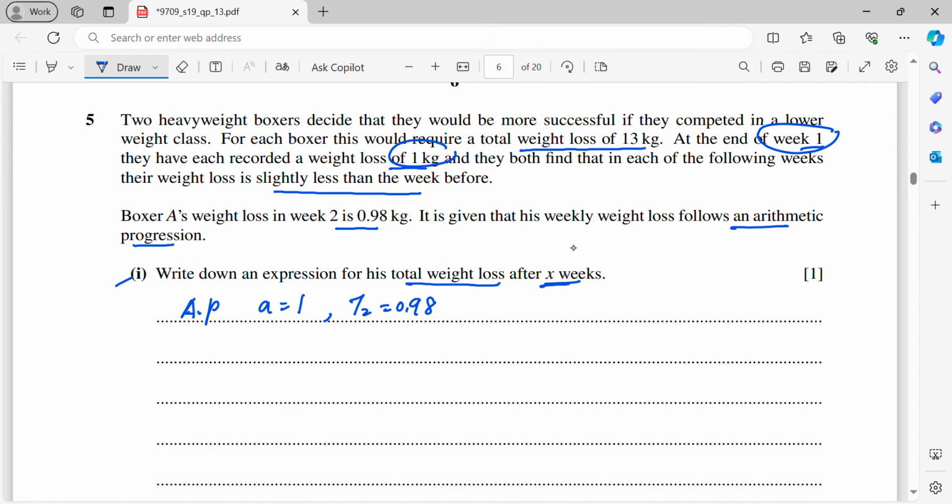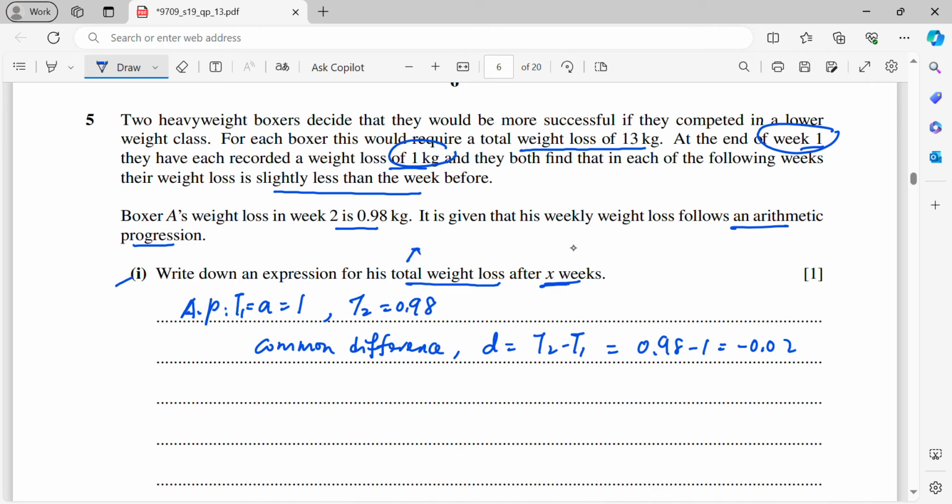Since it is an arithmetic progression, the common difference d equals T2 minus the first term, that is 0.98 minus 1. Then I'm getting negative 0.02.